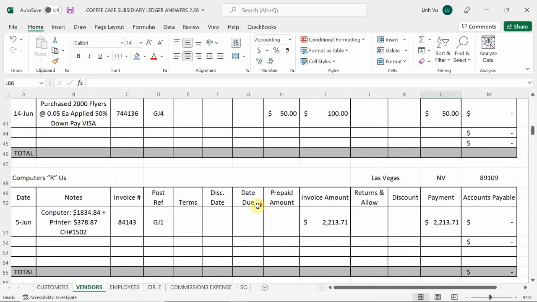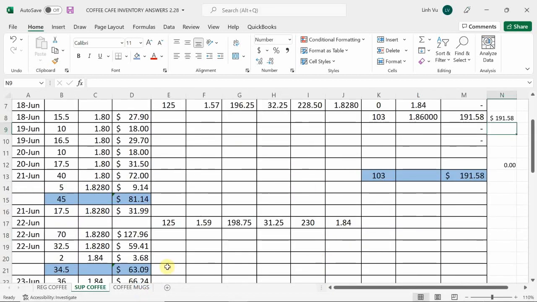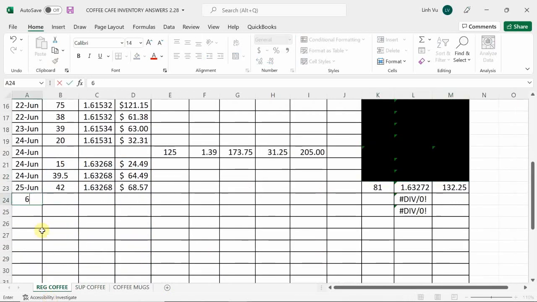And then we need to update my actual inventory, because now I increased my inventory. So I bought 125 pounds at $1.38, which gave me 172.50, plus $31.25, which gave me a grand total of $203.75. I need to add that to my pile here.